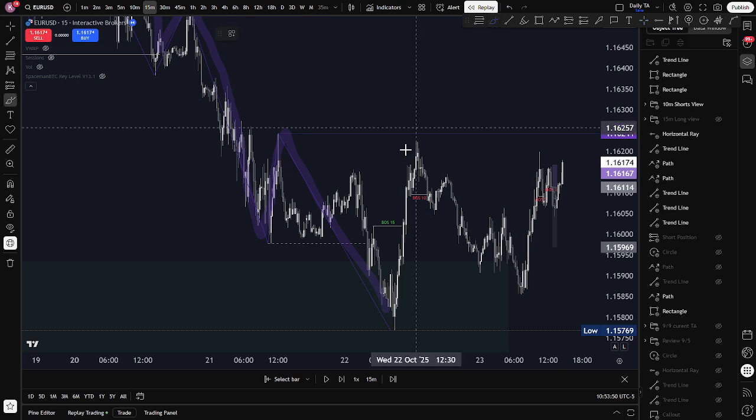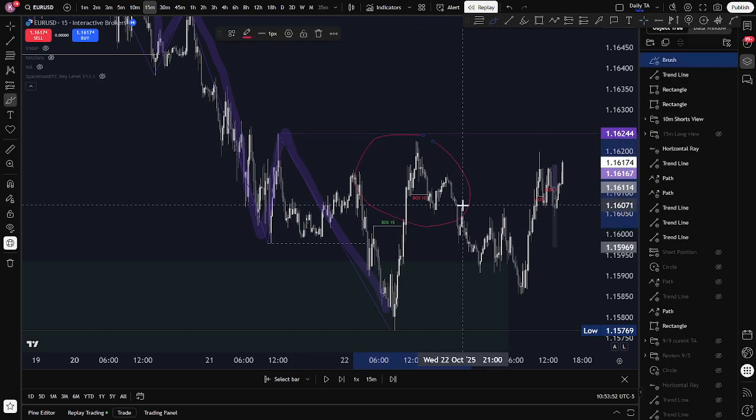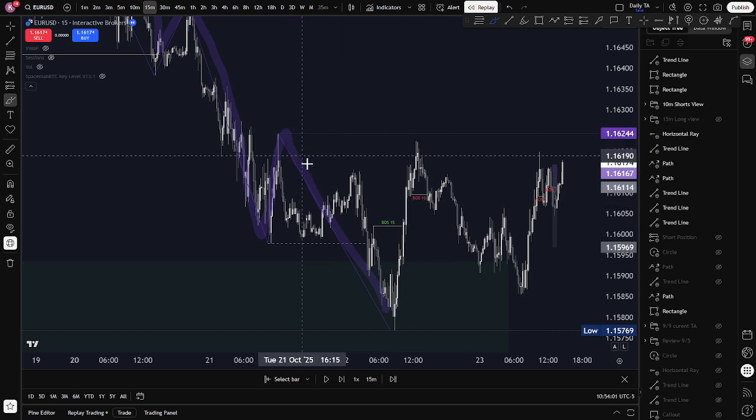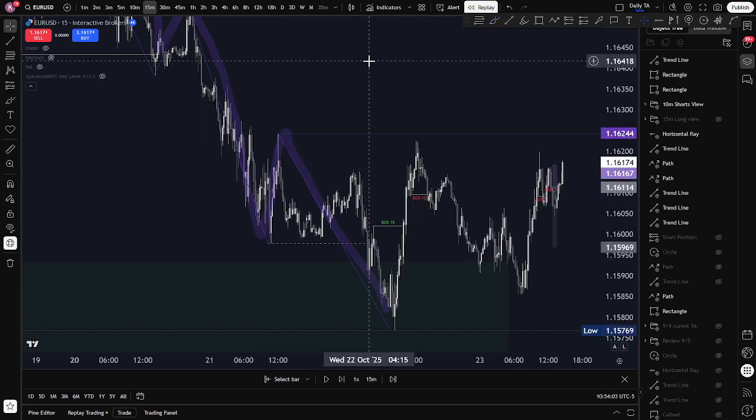However, it comes up here and breaks 10-minute down. So you could argue that this 10-minute break of structure down is just continuing this purple 45-minute swing pull.